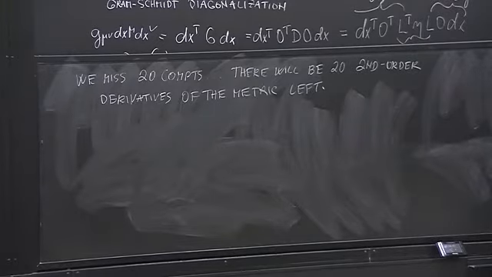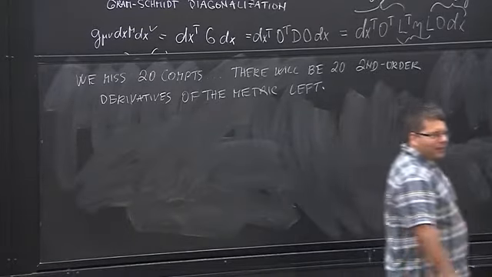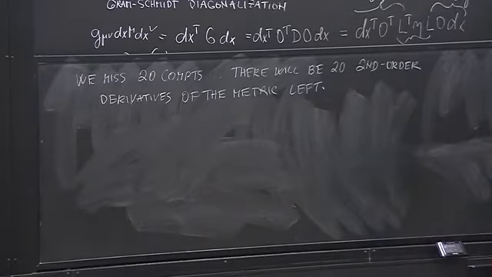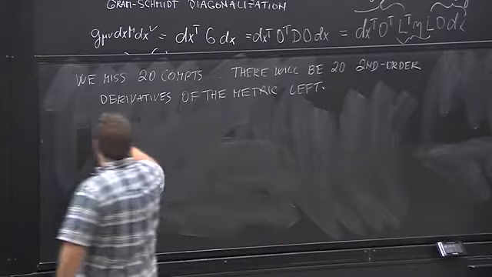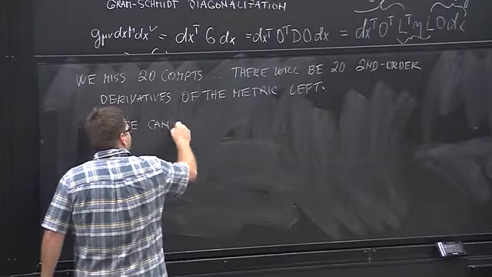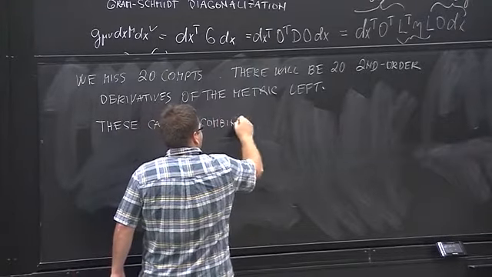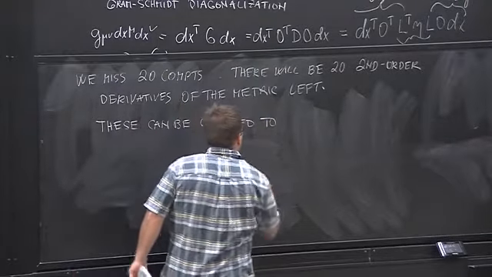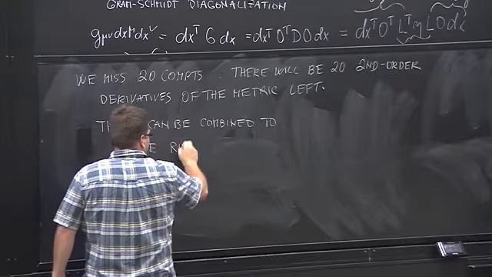Okay? So now you'll see we can combine these 20 into a nice object, and that object is called the Riemann tensor. These can be combined into the Riemann tensor.